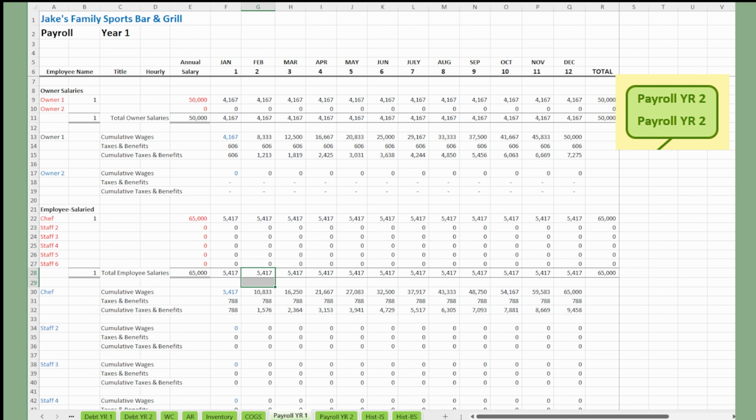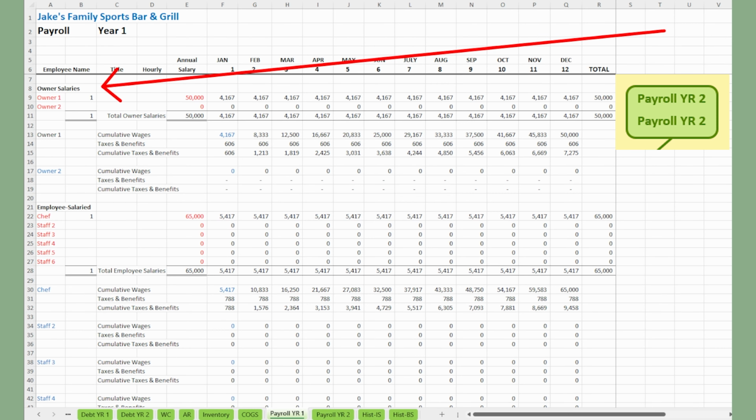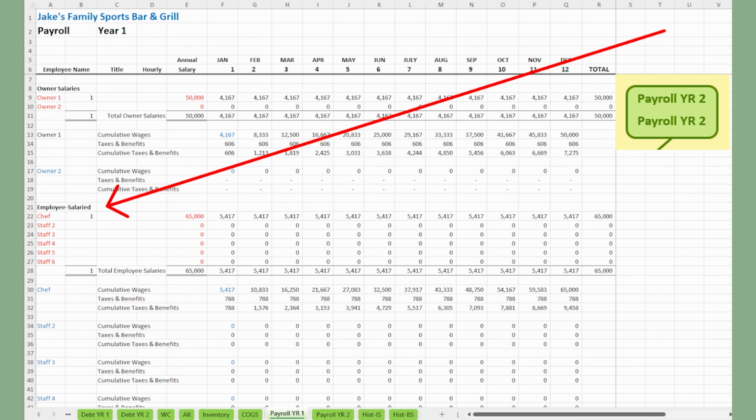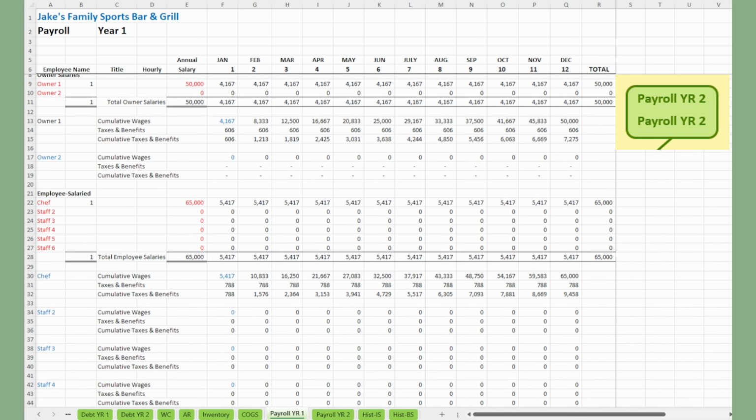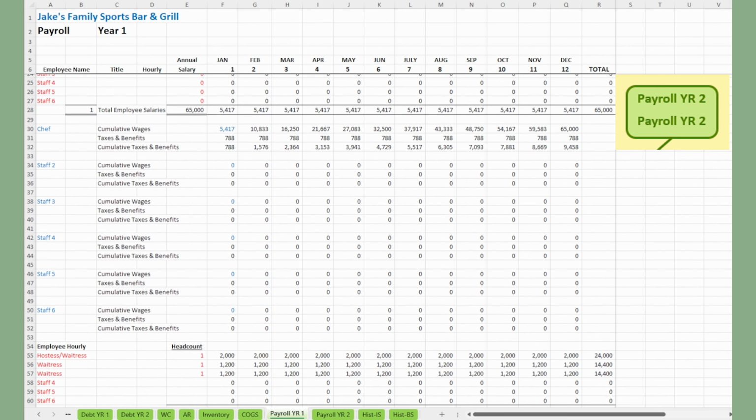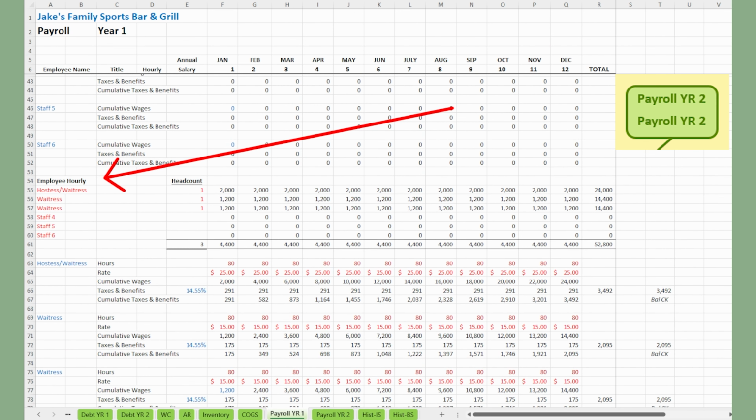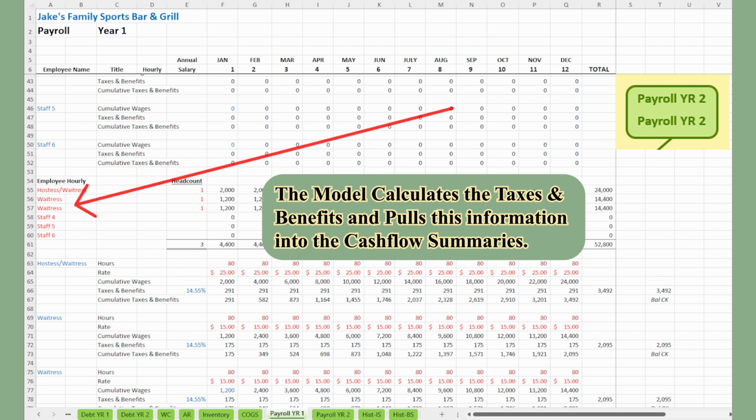Here, you can enter 3 different categories of salaries: owner salaries, employees who are salaried, and if I scroll down the page a little bit, we can enter information for hourly employees. The model calculates the taxes and the benefits and pulls all of this wonderful information into the cash flow summaries.